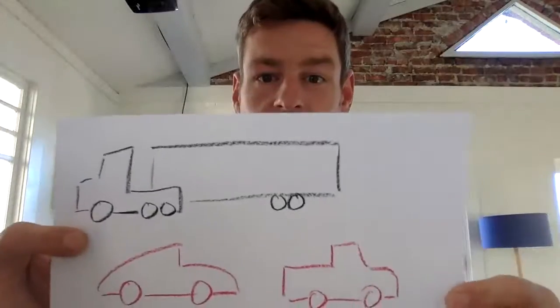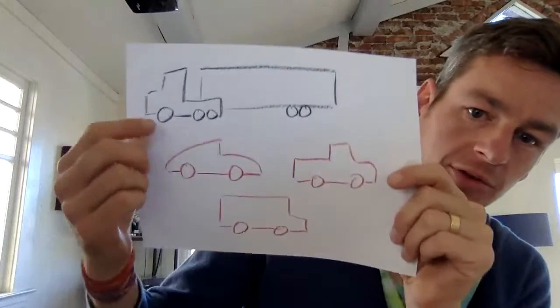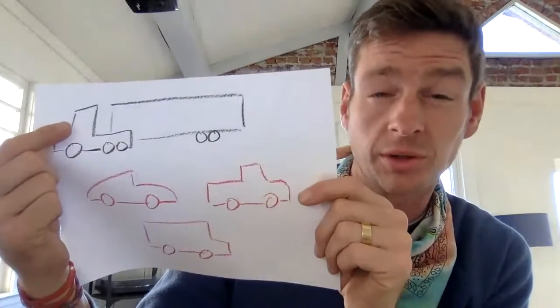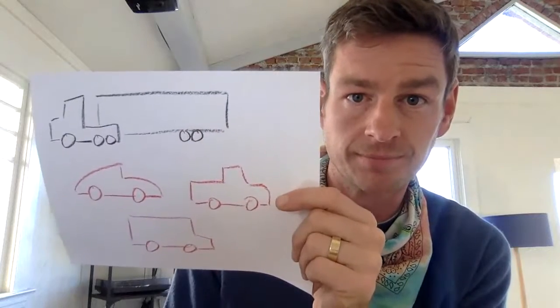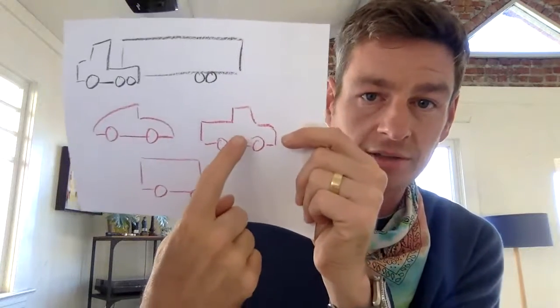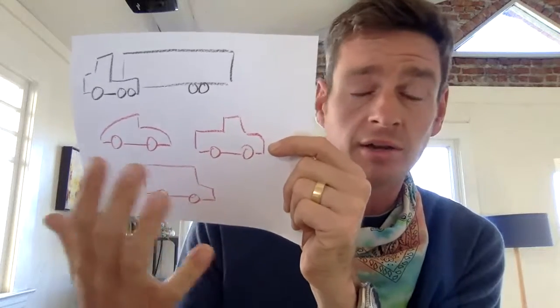That's the composite function. Now, since I love analogies and I was part of the car industry for a long time, this is also a way to think about composite functions. If your primary function, f of x, is the big trailer, your g of x could be a truck, a car, a van, it doesn't really matter, right?